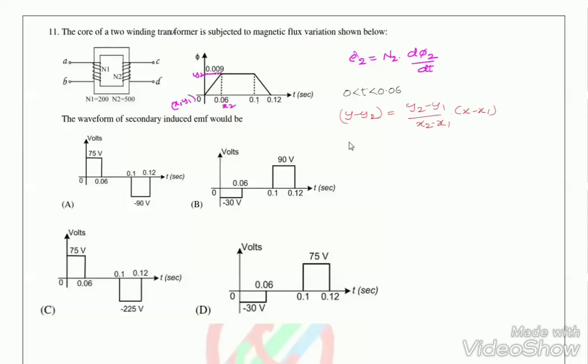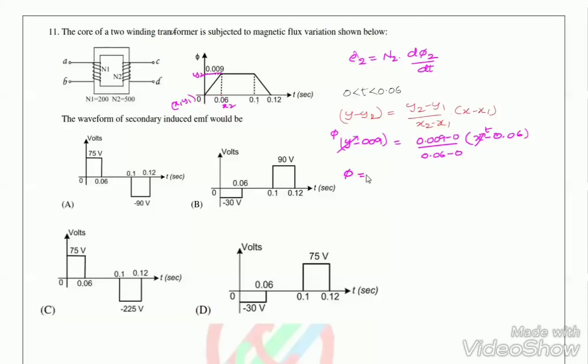So y minus 0.009 is equal to (0.009 minus 0) divided by (0.06 minus 0) into (x minus 0.06), and we substitute y as the flux phi and x as time t.